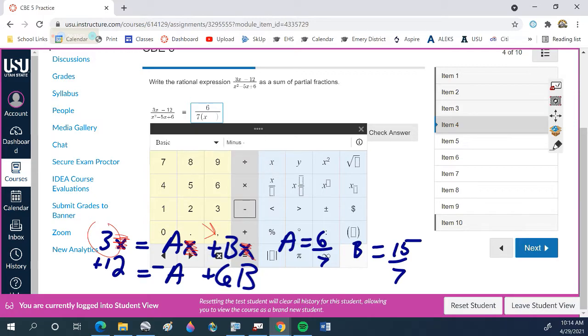Okay, so x minus 6. How do I finish that? It does it by itself. Okay.